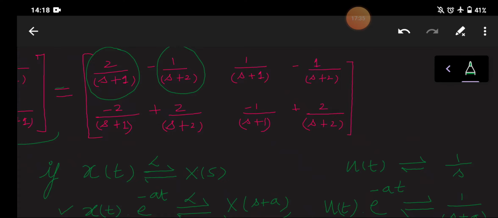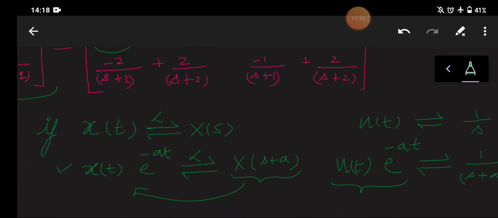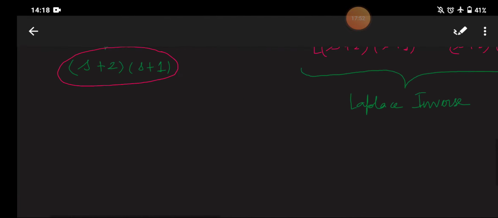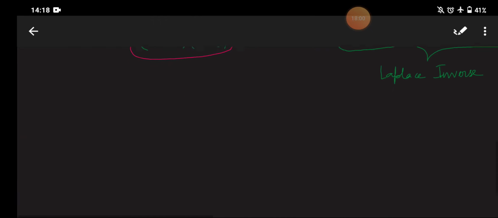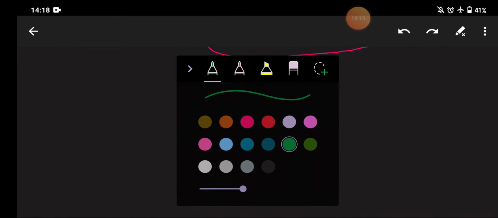Okay, so in this way we can write the Laplace right now. After doing the Laplace inverse, in our third step, we will go for our third step, that is the Laplace inverse of (sI minus A) inverse.